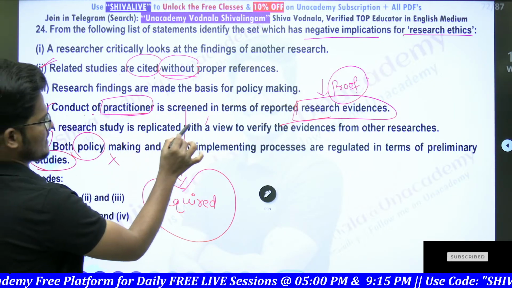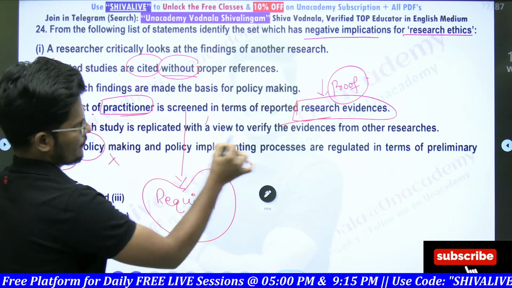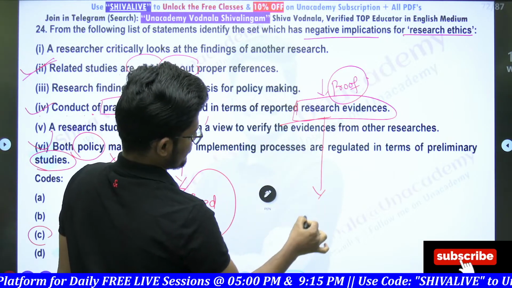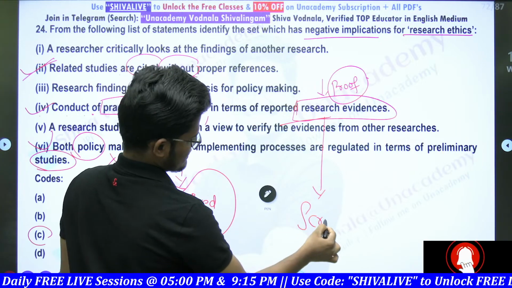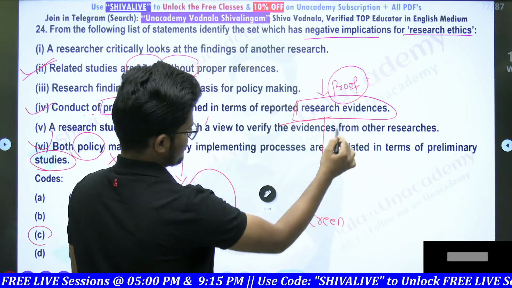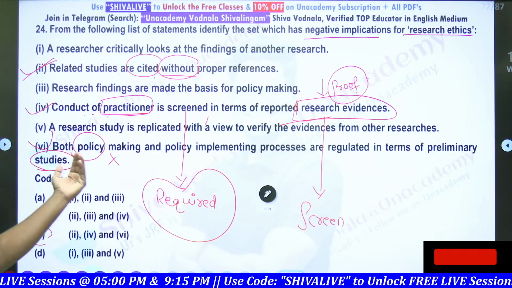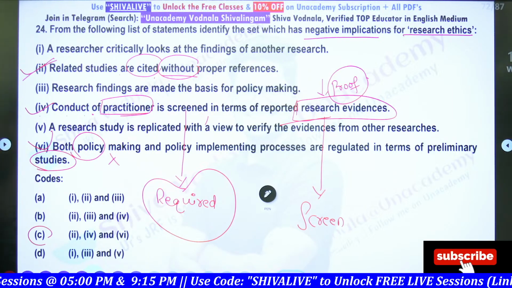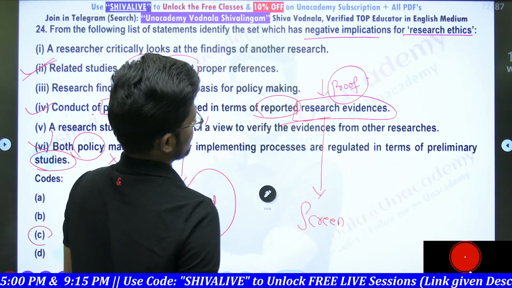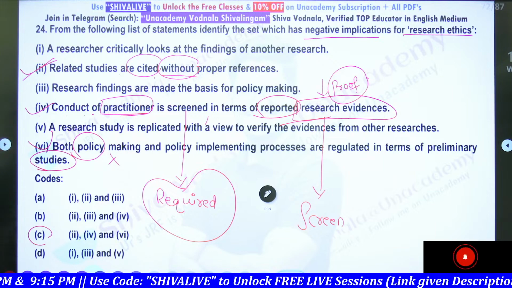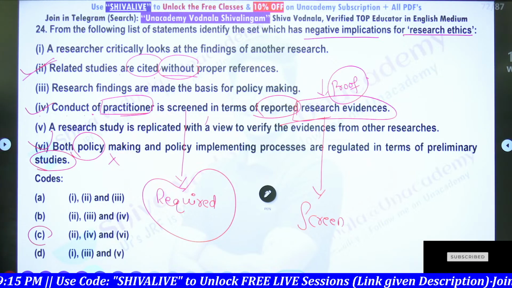And conduct of a practitioner screened is nothing but, whatever evidence is provided by them, if the body that is checking their thesis wants to screen that evidence and allows it, it is okay. Even in that way it is going wrong, because this is after publishing the reported evidence, when the reported evidence is given or published.